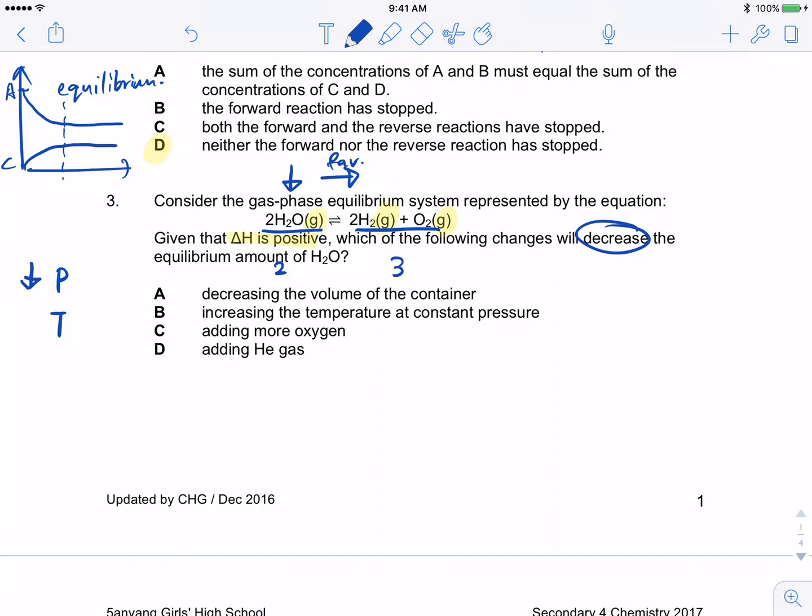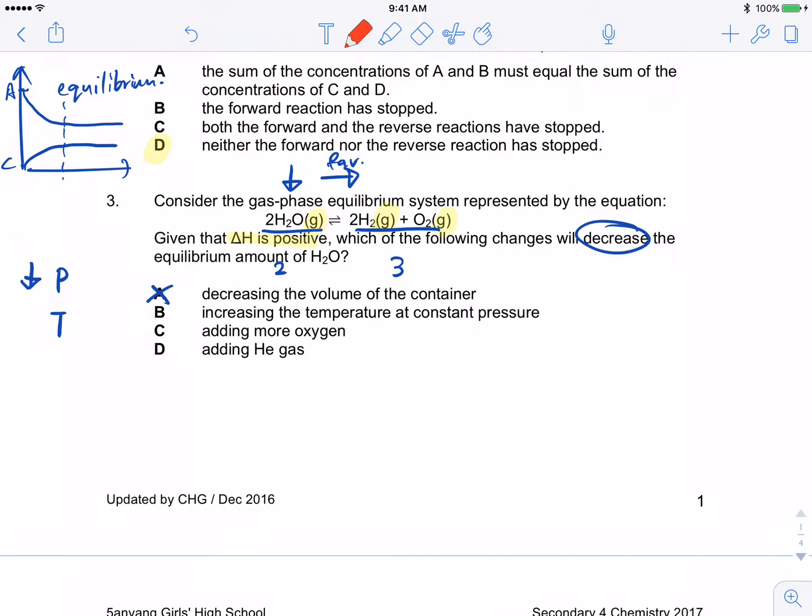To decrease the pressure, I can increase the volume of the container. So A is decreasing the volume, which means I'm increasing pressure. So A is out.